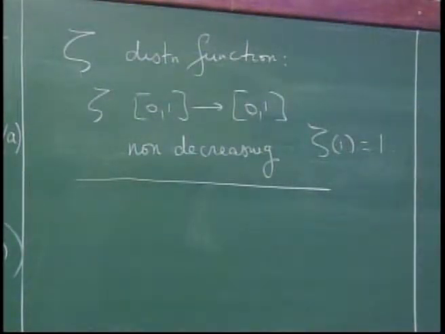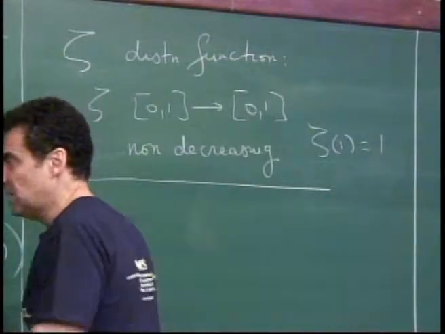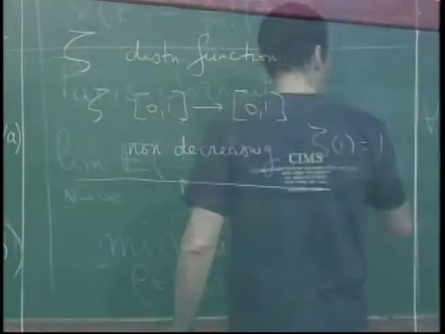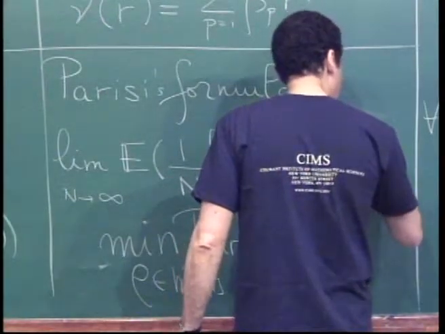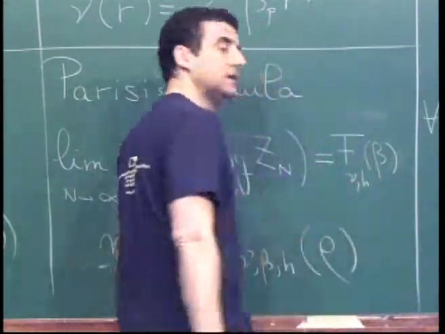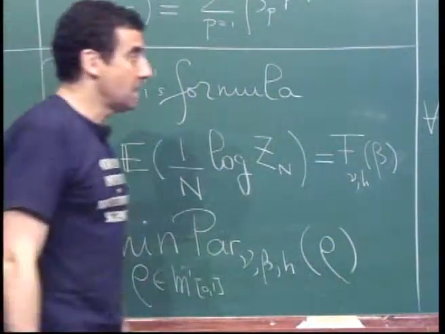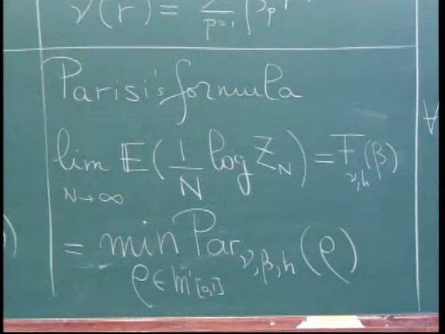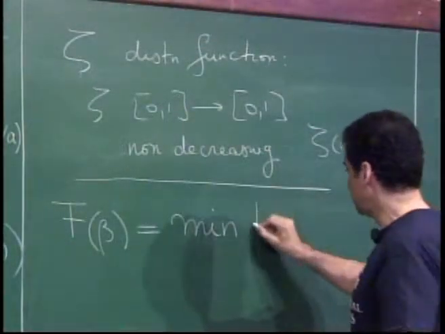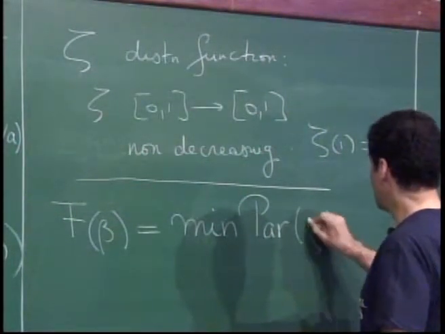Right, so let me describe this. In fact, the formula could be described, this object, let me call this object f, and so it's a function of beta, nu, and h, but let me just keep beta, as I could put nu and h here. Okay? So this f is this. In fact, this f was initially described in a different way. It's described as a minimum of this Parisi functional, if you want, on rho which are purely atomic.